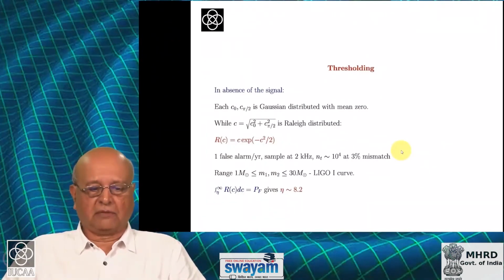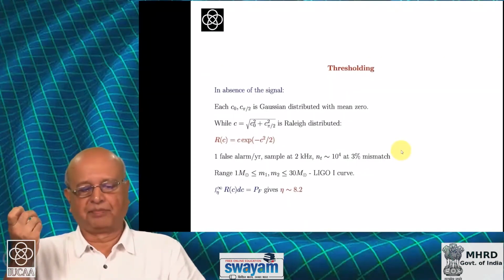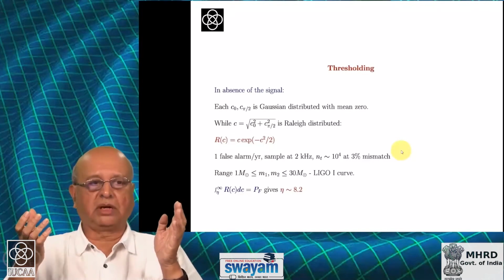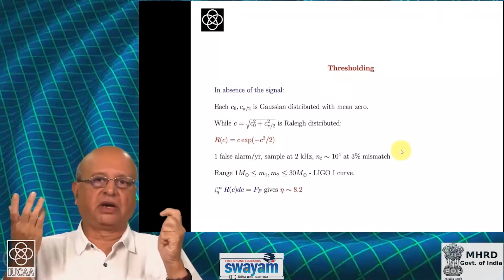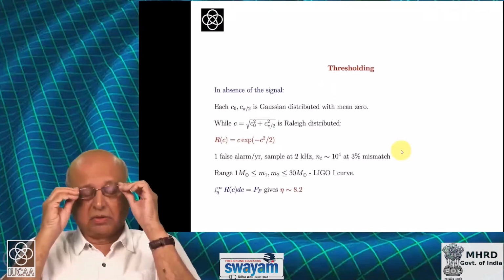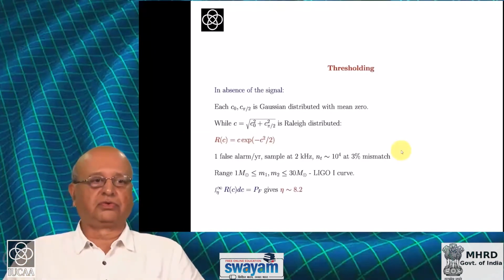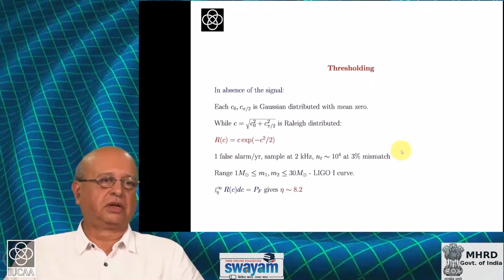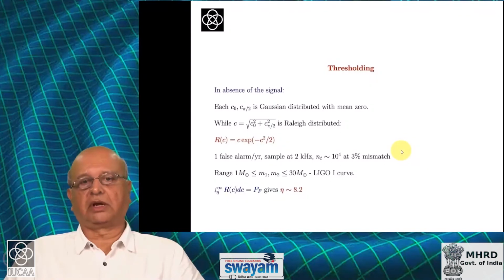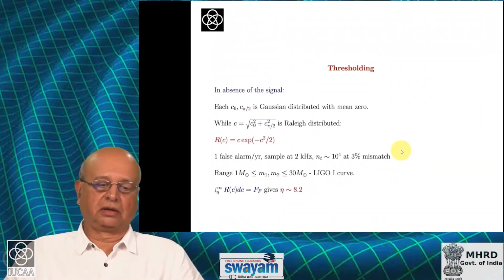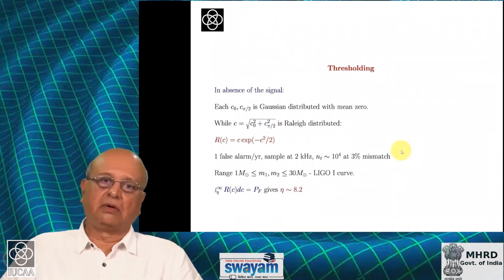And you take a false alarm of 1 per year; this is where you fix the false alarm probability. How do you fix it? You have some estimate of the number of events that you are going to observe. Suppose from astrophysics you think you are going to observe 30, 40, 50 or about 100 events, you might tolerate one false alarm in a year. So, one false alarm is allowed a year.